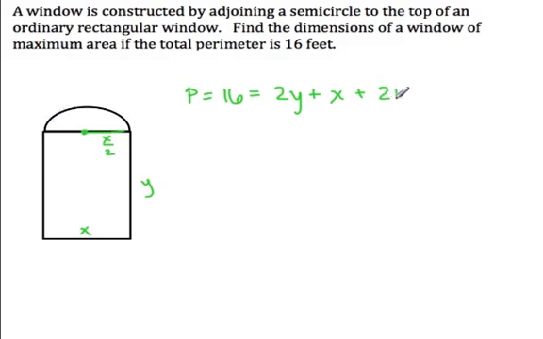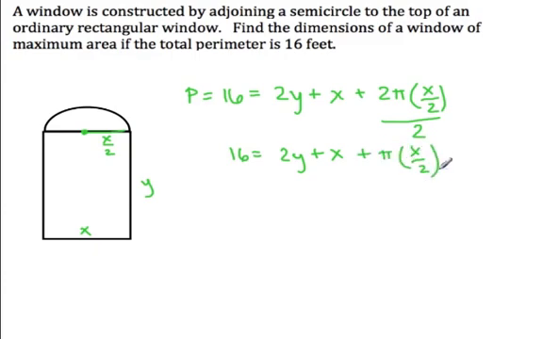So 2 pi r all over 2. That simplifies to 16 equals 2y plus x plus pi x over 2. Now it says find the maximum area.